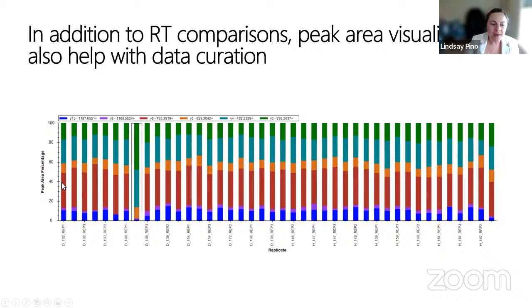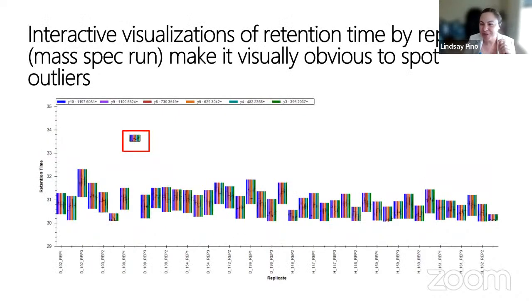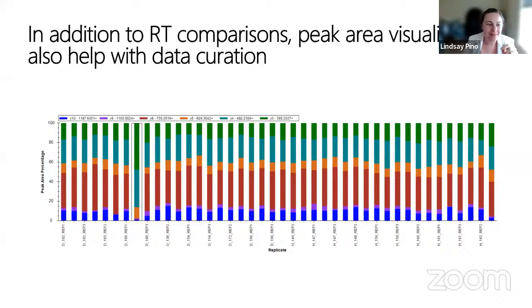When you see across these samples, red is almost always the largest percentage, but there's an outlier right there, where that chromatogram clearly didn't follow that same fragment ion order. The rainbow was a mix of colors, and the colors in the rainbow should not have gotten mixed up. So between the retention time and this peak area percentage, this is a signal to me as the expert to go back and manually curate this data before I try to push it downstream for statistical analysis.